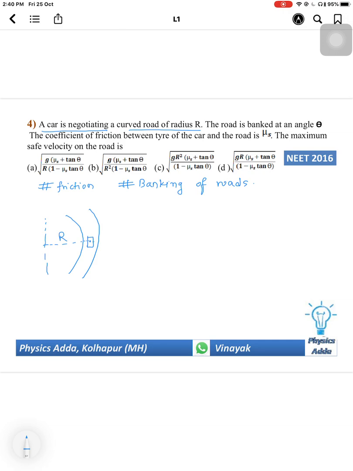What is the centrifugal force if my observer is sitting in the car? What is centrifugal force? It is the pseudo force which will act in this direction. It is mv square by r.